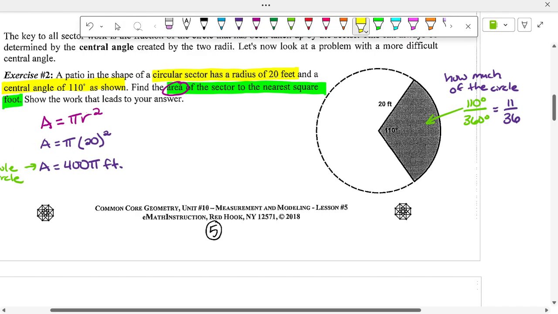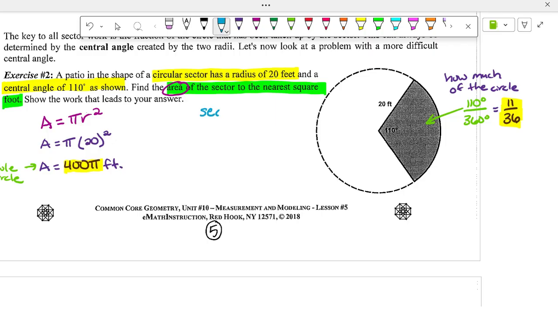So to calculate my final answer, I'm going to take these two pieces and multiply them together. My sector area is going to be equal to 400 pi times 11 over 36. I'm going to put the 400 pi over 1.